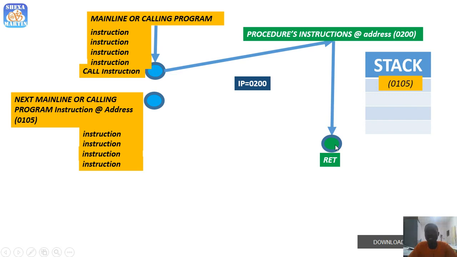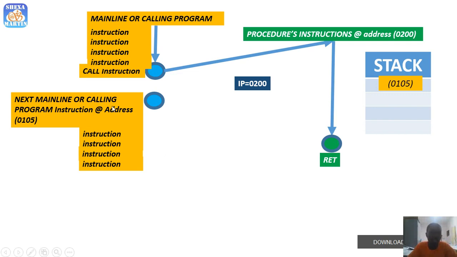Once return is executed, what happens? 0105, which was pushed onto the top of the stack, is then taken into IP to say the next instruction to be executed is residing at 0105.